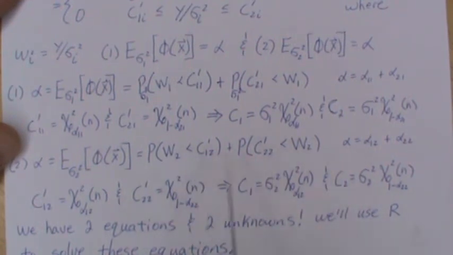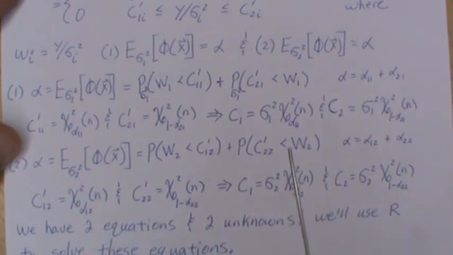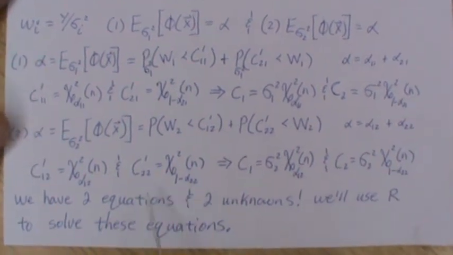So when you add these two probabilities, you get alpha. But you can back solve for C1 and C2, right? Because this C22 prime is C2 divided by sigma 2 squared, which is what this is. So here, now look, we have 2 equations and 2 unknowns. We can solve for that.